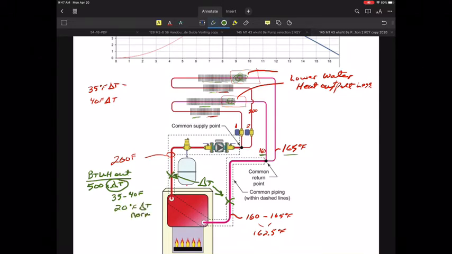Nothing wrong with a 35 or a 40, but if you're not designing the system for that, then those emitters on the end are going to be suffering, and so we want to bump the flow up. There are very few situations in the field where it would be to a disadvantage to have a little bit more water flow.